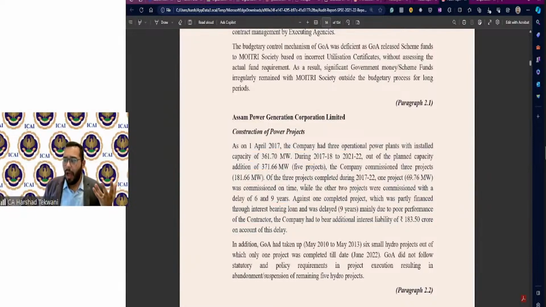For example, the company had 3 operational power plants installed with the capacity of this. During this year, out of the 5 projects, the company commissioned 3 projects. Of the 3 projects completed during this period, 1 project was commissioned on time, while the other 2 projects were commissioned with a delay of 6 to 9 years.